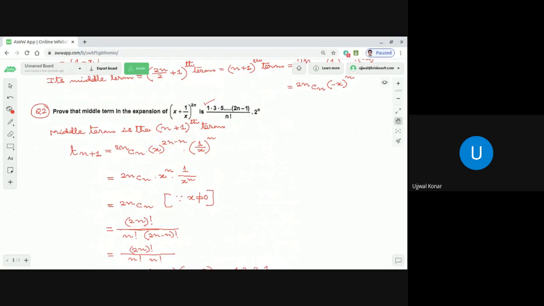Now, what I'm going to do now, dear students, is give you a little practice on the r plus 1th term. There are varieties of questions in the r plus 1th term, so we should solve a couple of such problems.